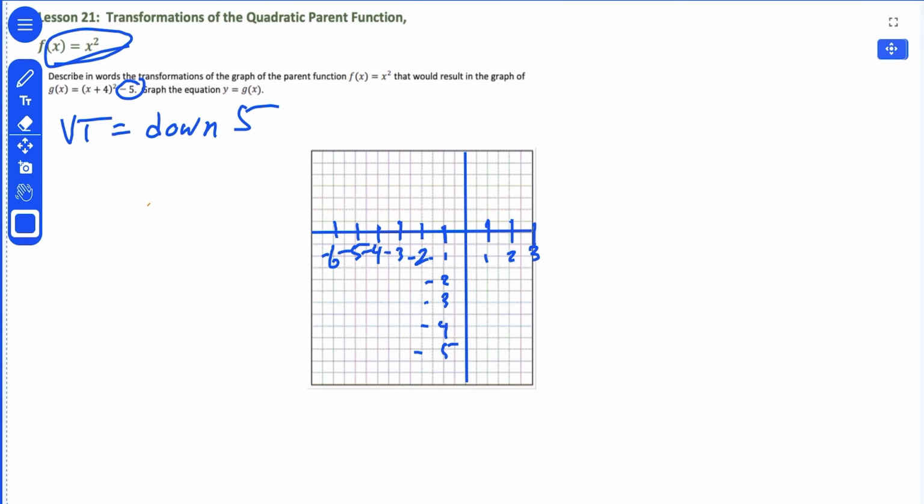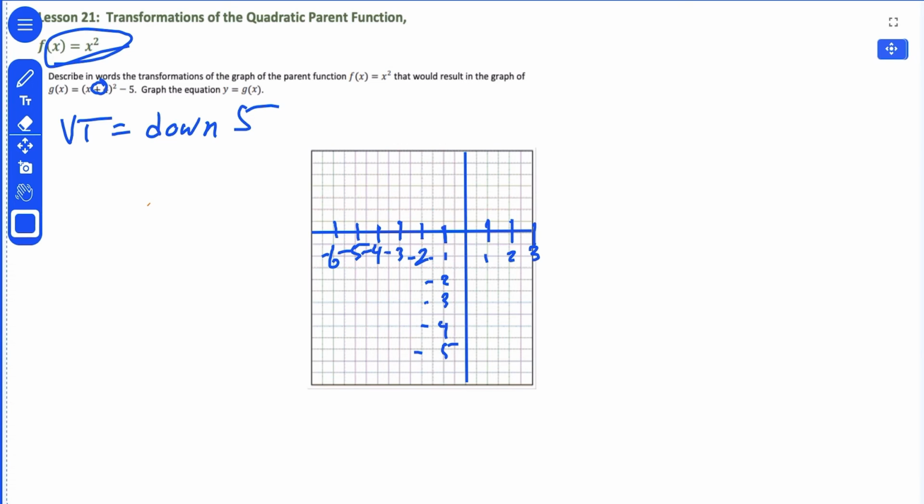Now, the x inside the parentheses here, that's when we start talking about our horizontal displacement. Because we're talking about our x, there's something happening to our x. So it's going to be moving left or right. But you have to remember that there is a built-in negative in this function.